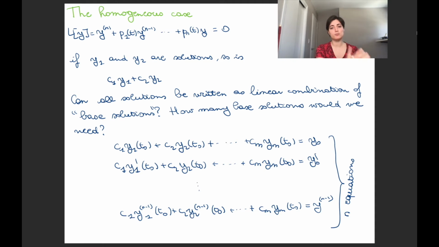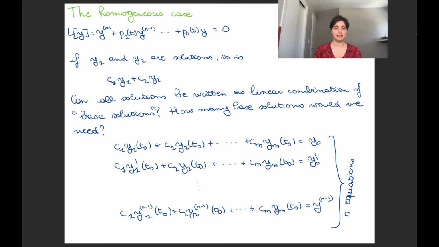Well, imagine that you have y1 to yn, n different base solutions. Are they enough? Well, you want them to satisfy the n equations given by the n initial conditions. So you want to find a combination c1 y1 plus c2 y2 down to cn yn, such that the zeroth derivative, the first derivative, all the way to the n minus 1th derivative match the initial conditions that you had imposed at t0.